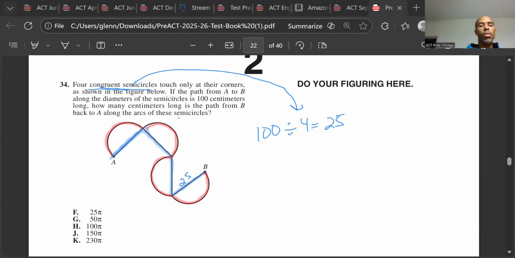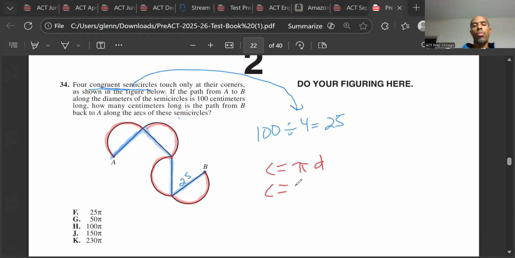But if you put 2 arcs together, you really get the circumference of the circle. Hopefully you guys can see that. If we put this arc with that arc, we get a full circle circumference. So circumference equals pi times d. Diameter is 25, right?